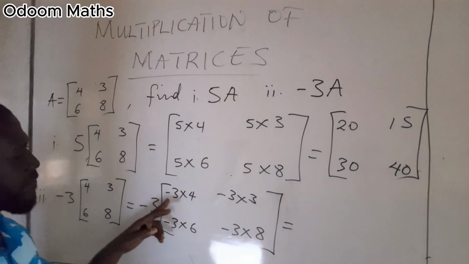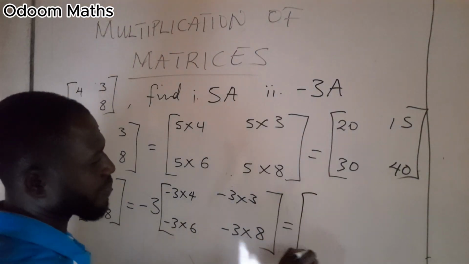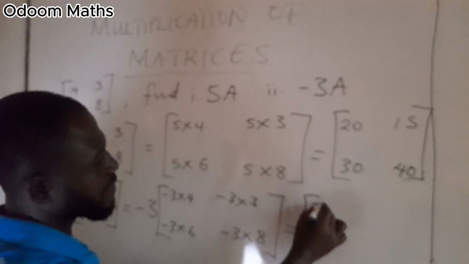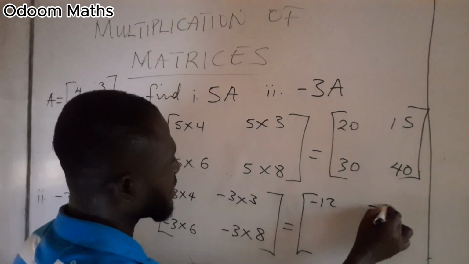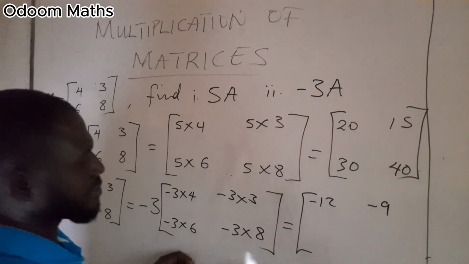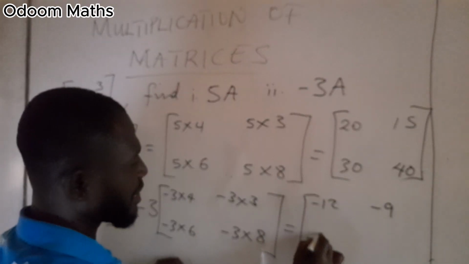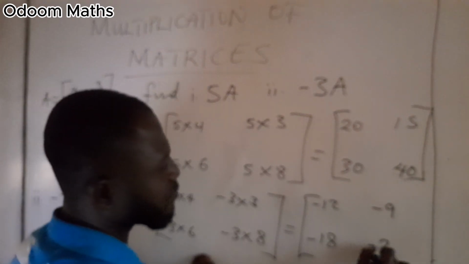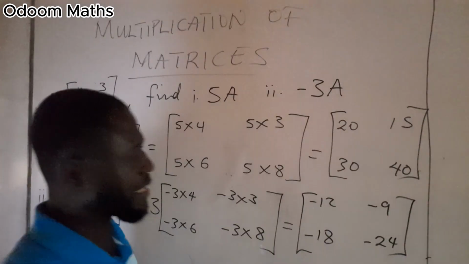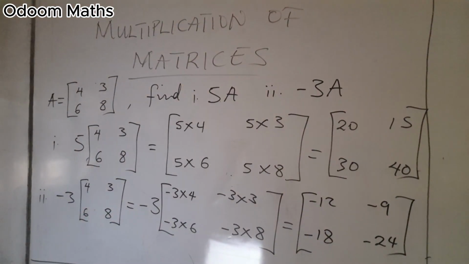Negative 3 times 4 becomes negative 12. Negative 3 times 3 becomes negative 9. Negative 3 times 6 becomes negative 18. Negative 3 times 8 becomes negative 24. So this is the answer for the second question.